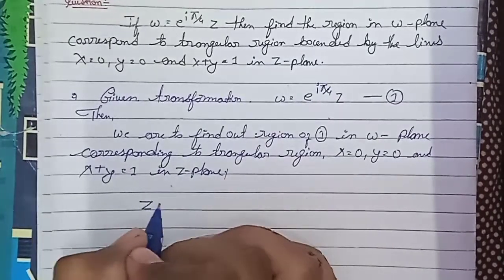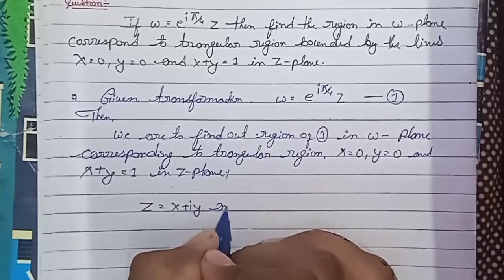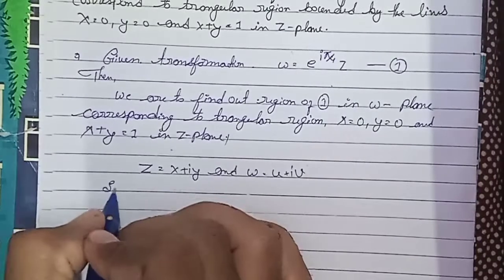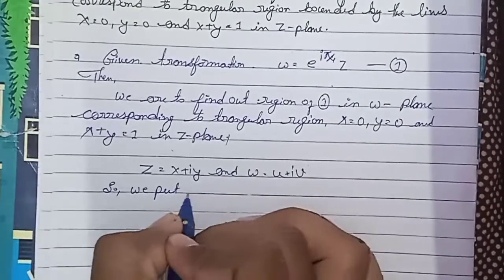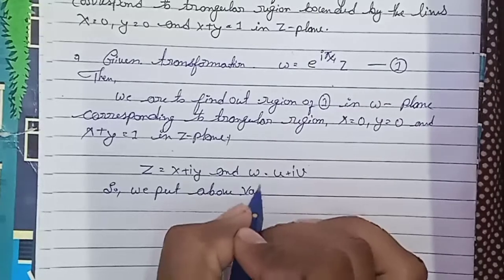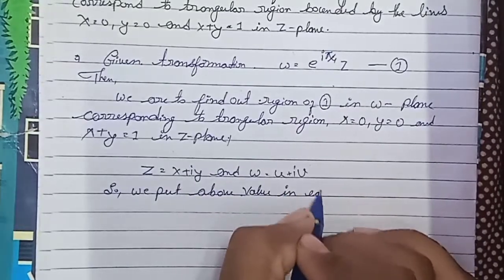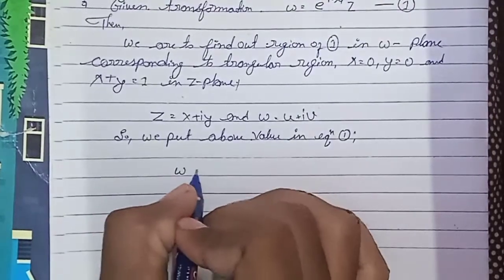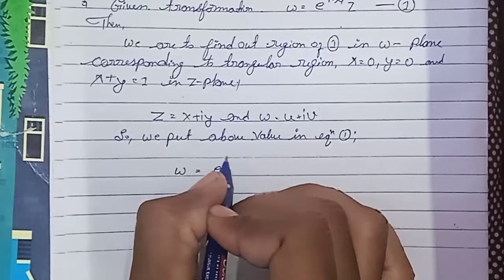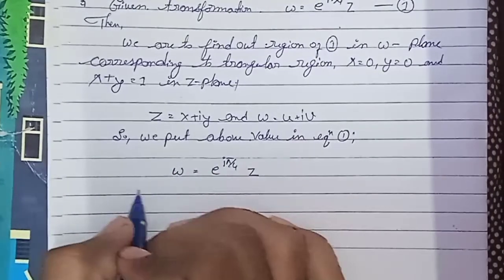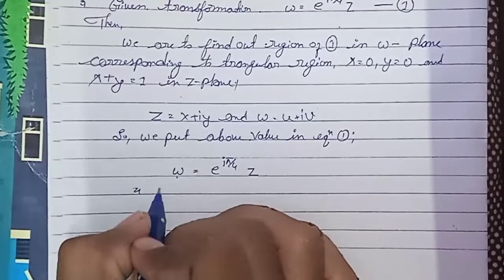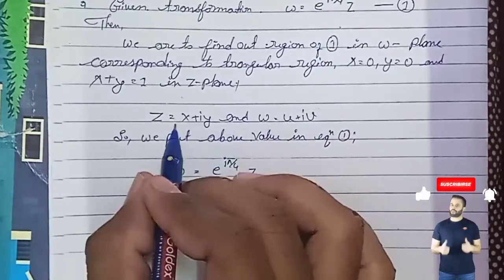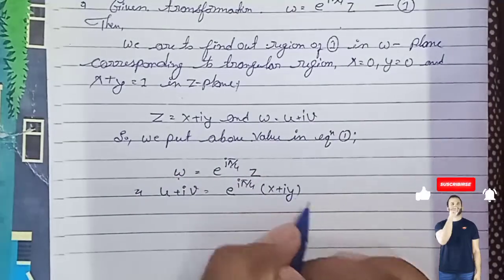We know z equal to x plus iy and omega equal to u plus iv. So we put our values in equation first. Equation first is omega equal to e to the power iota pi upon 4 into z, so the equation becomes u plus iv equal to e to the power iota pi upon 4 into x plus iy.